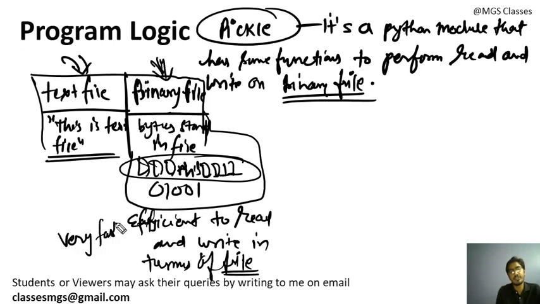That's why we use binary files instead of text files. Text files are a little bit slow if the data is very large. In that case, we should go for the binary file. Okay, these are certain advantages. It also has a disadvantage: if your operating system has created one binary file and it is not compatible with another operating system, then it will be difficult to read this binary file.